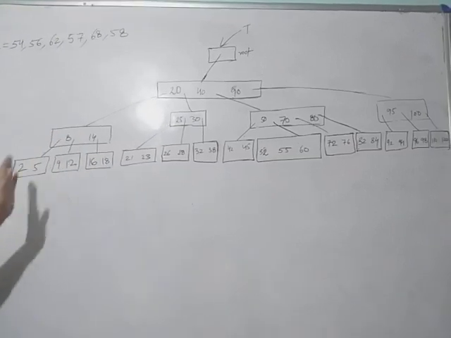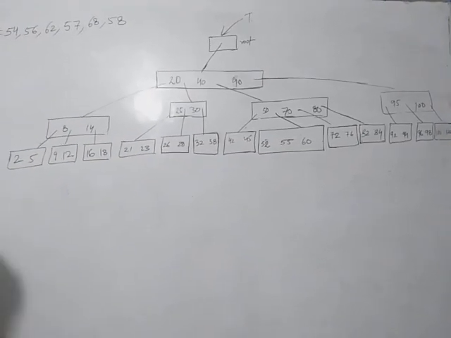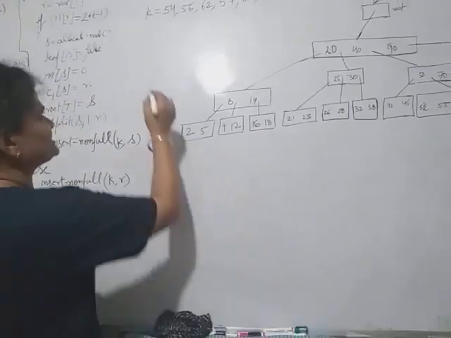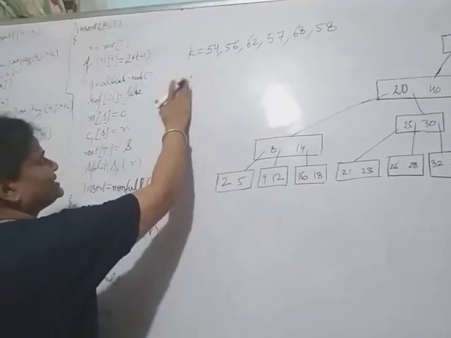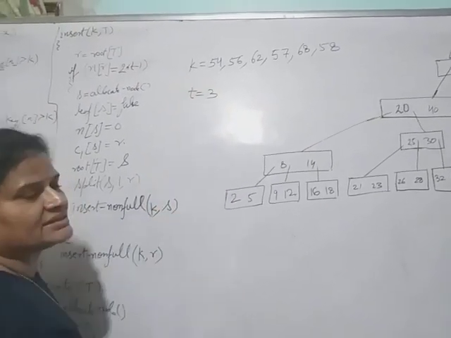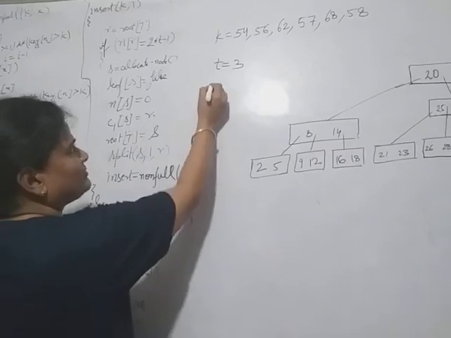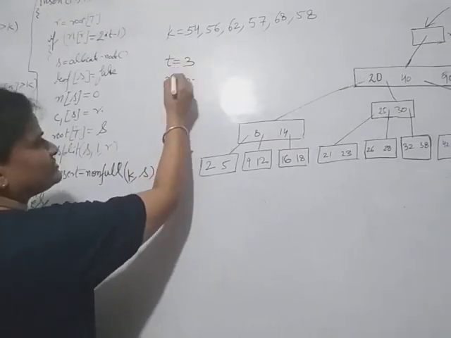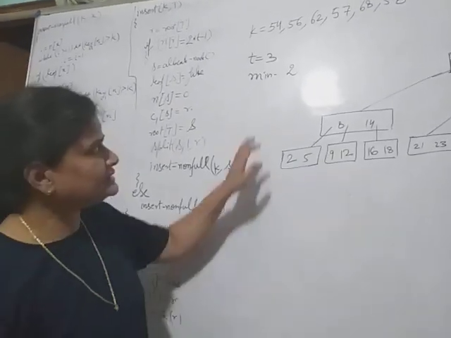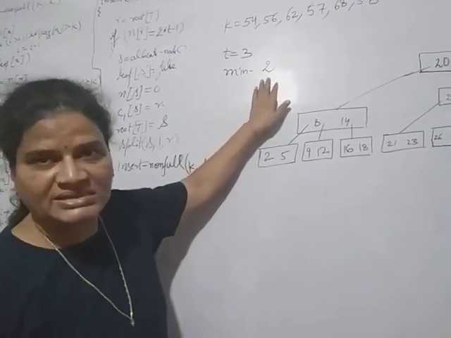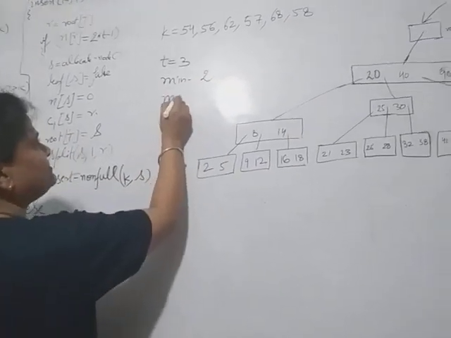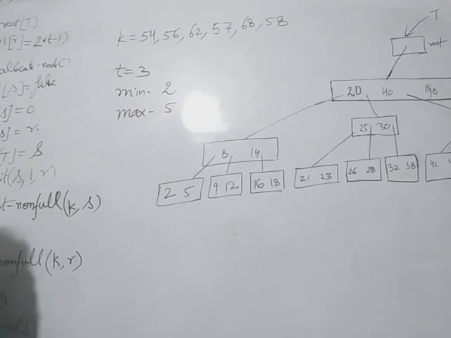Now for this tree, the degree t I have taken as 3. The degree of this B tree is 3. So the minimum number of keys that can be stored in any node other than root is 2, and the maximum number of keys is 5.